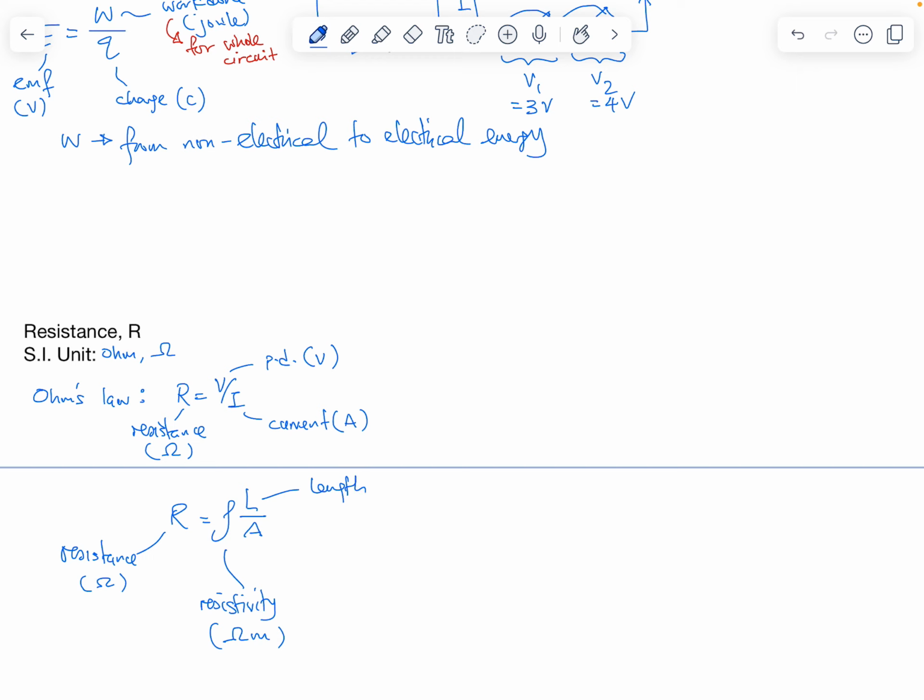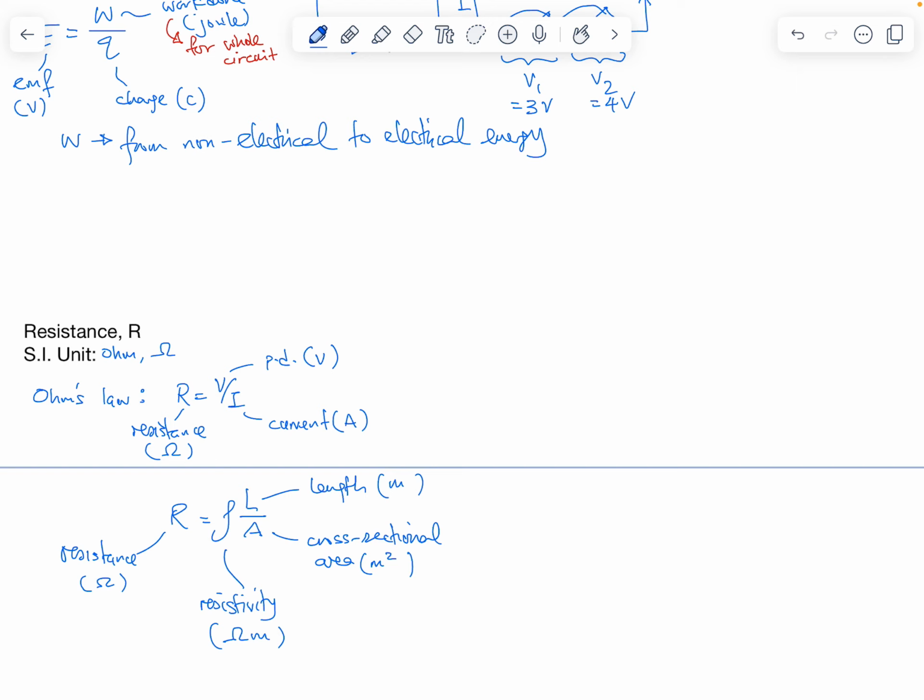L is the length. A is the cross sectional area. So the length could be in meters or cm. The cross sectional area will correspondingly be in meter square or cm square. And of course resistivity can also take other forms, ohm centimeter, no problem.